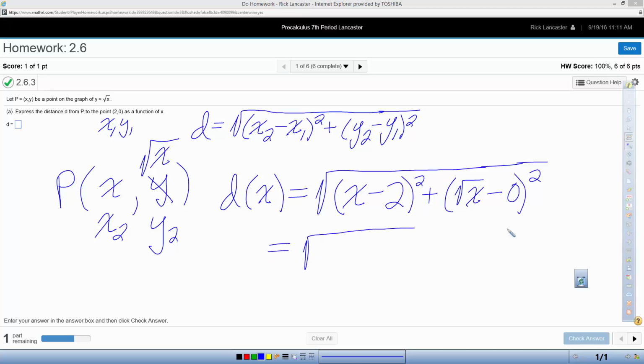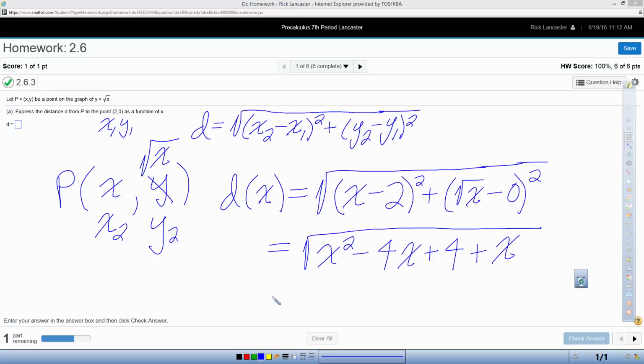So I'm going to expand this binomial the quick and easy way. First term squared, multiply the two terms together, so that would be negative 2 times x is negative 2x, and then double that, so that'd be minus 4x, plus the last term squared. Negative 2 squared is positive 4. And here the square root of x squared is x.